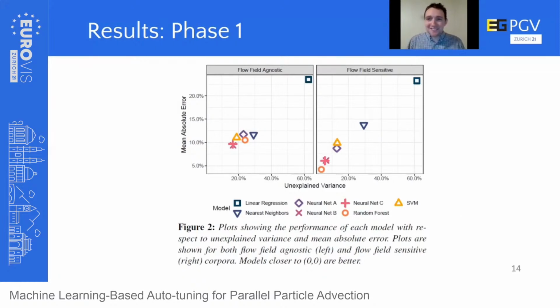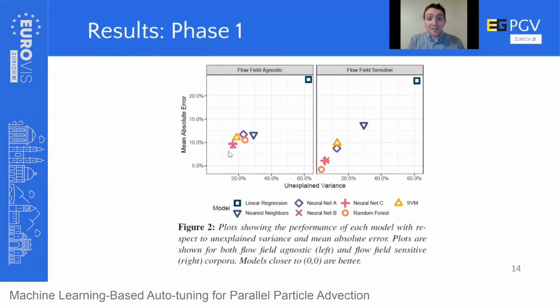It's just a statistical term to try to get an intuitive sense of how well our models are explaining the data, independent of the accuracy as measured by this mean absolute error. For our purposes, the points closer to 0, 0 are best. We want to have no error, and we don't want to have any unexplained variance.